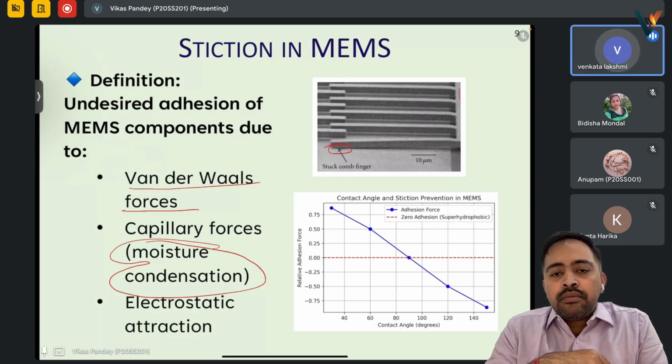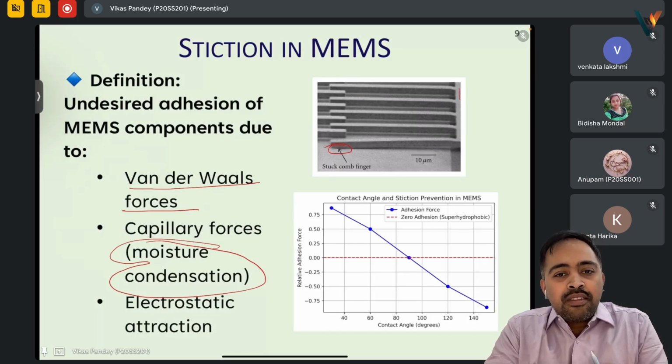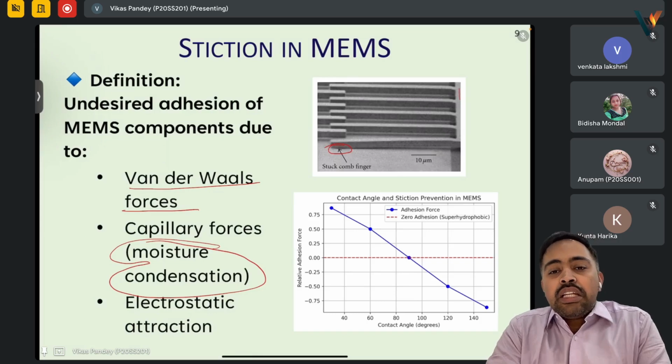If it is a polished surface, sir. Yes. So what will it do if it is a polished surface? You are in the right direction. So polishing the surface, what are we increasing or reducing?